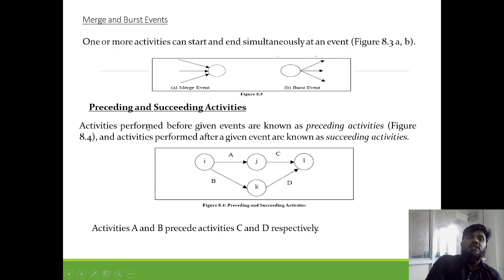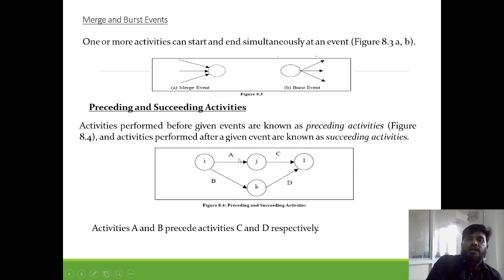Next is preceding and succeeding activities. Preceding and succeeding activities are nothing but a step by step procedure. Preceding means past, succeeding means next. Let us take an example. These are called network diagrams, which we will see how to draw. Here I am saying J precedes I, which means J is before I. Similarly, C precedes A. We can take this in terms of activities, or in terms of nodes also.